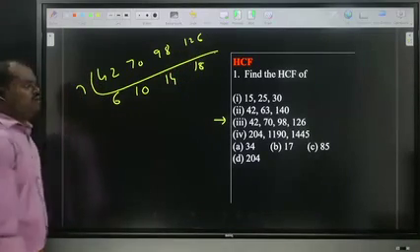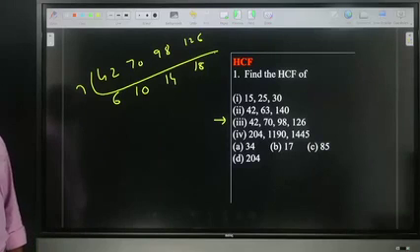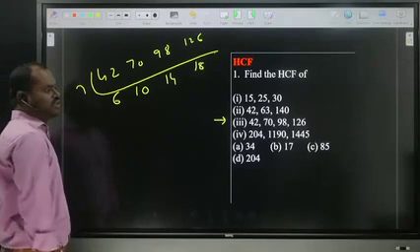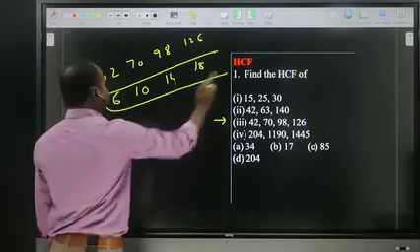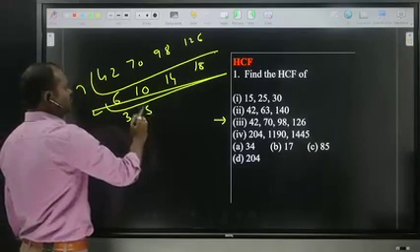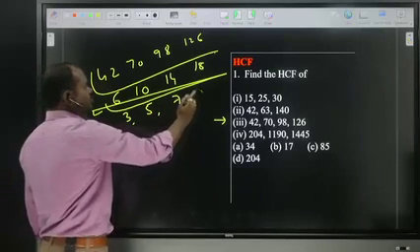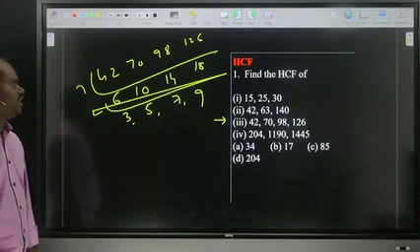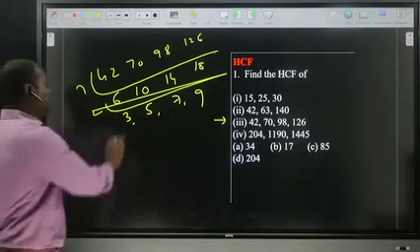Observe again, ma, all these you will get in which table? 6, 10, 14, 18, you will get in the 2 table, no? So take the 2 table. 2 threes, 2 fives, 2 sevens, 2 nines. Again, can you get any one table, ma? No. 3, 5, 7, 9, we can't get it. So we can stop here only.